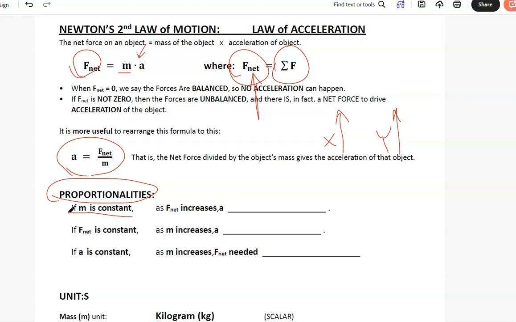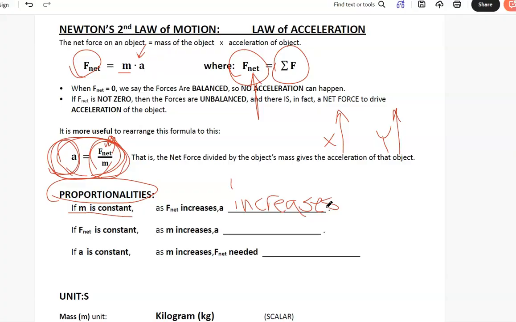Well, in this formula, we see that if this number goes up and we're not changing the mass, we're just taking a bigger number divided by the same mass, we're going to get a bigger acceleration. So acceleration increases.